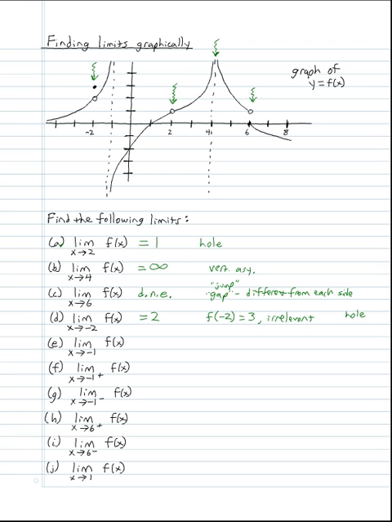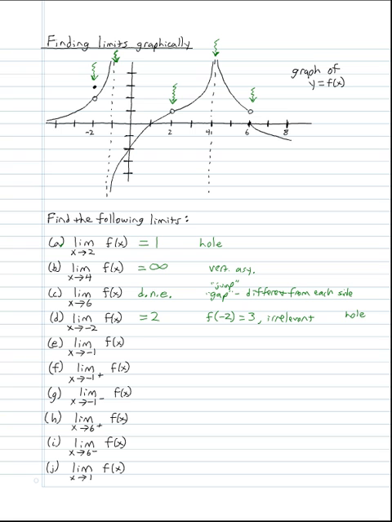Let's move on to part E. We need here to look at the x coordinate of minus 1. So that again gives us a vertical asymptote. But notice this time we are approaching positive infinity on one side, minus infinity on the other. It's not the same on both sides.